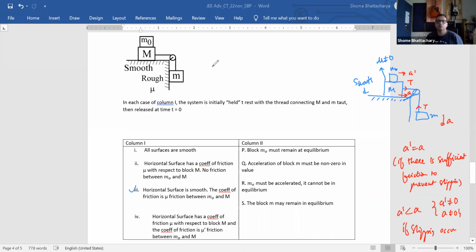Understood, Prachi? Because see what will the free body diagrams look like? On the block M0, okay, so the moment you are releasing that other block, this tension is acting over here. So जैसे ही यहाँ पे tension act करेगा, there has to be a friction acting here. So there has to be a friction acting here. Okay, so they have to accelerate.